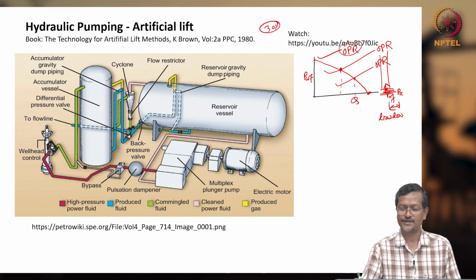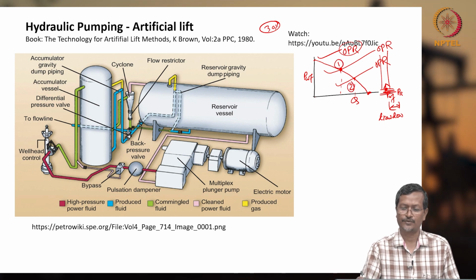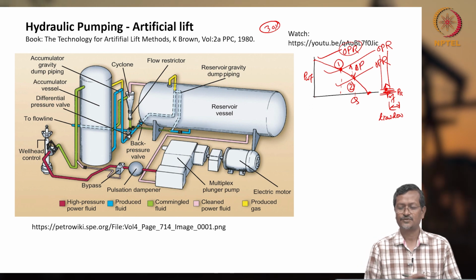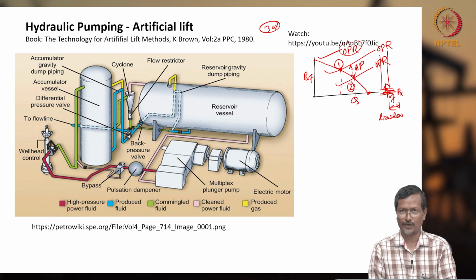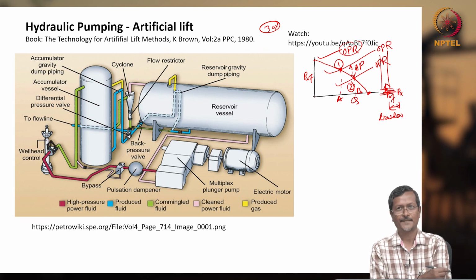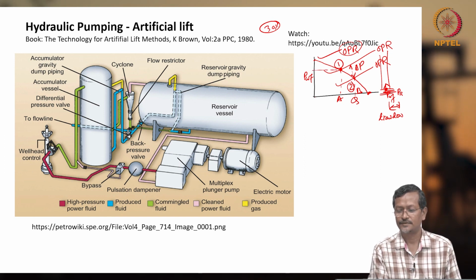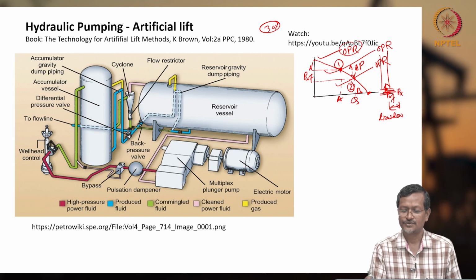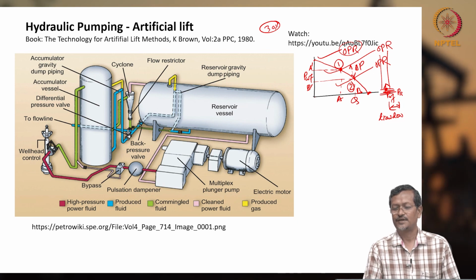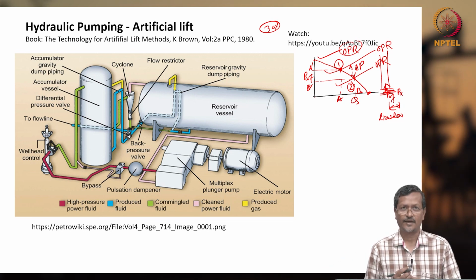When PWF changes like this, you are giving this much assistance to your wellbore so that the flow rate can increase from A to B. When PWF is reduced from A dash to B dash, your flow rate increases from A to B. In this way you get more production using the hydraulic pumping system.